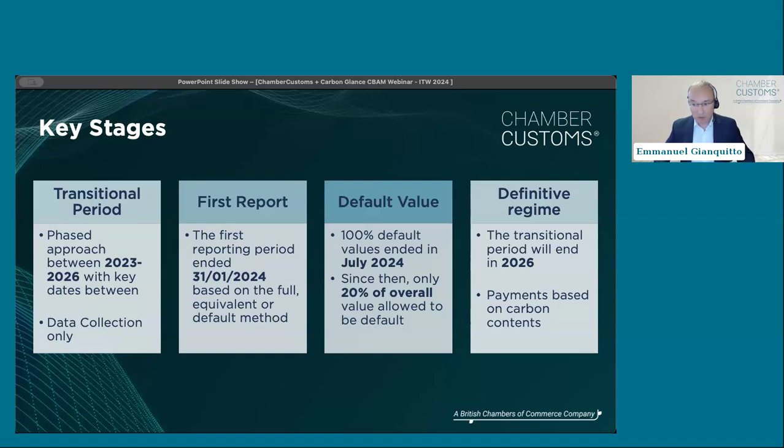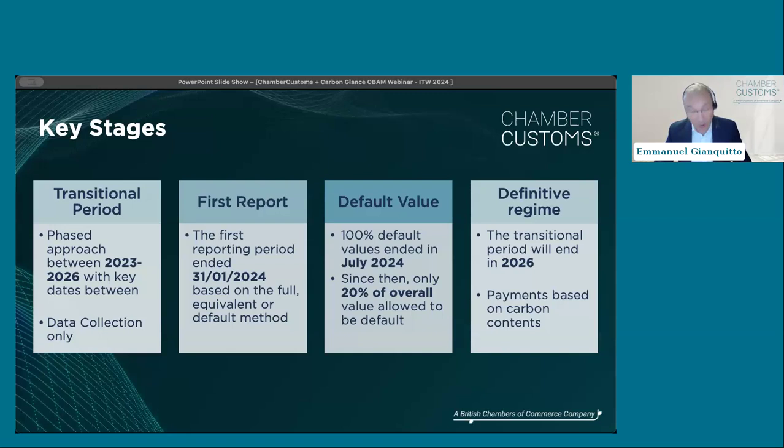So the EU understood that at the beginning, companies were not ready with those measurements, and so allowed importers to use standard default values. Now, at the end of July 2024, the ability to use default values ended. However, the rest of the markets were not ready with calculations.